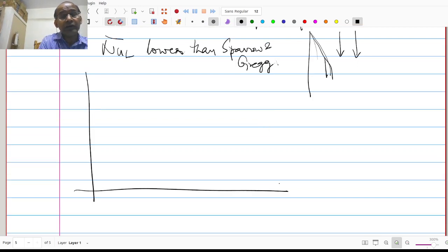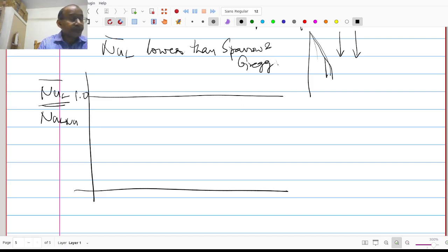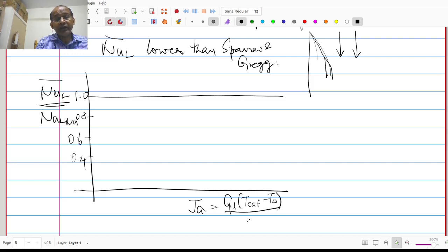If I plot NUL bar divided by NUL bar Nusselt, the actual average Nusselt number divided by the average Nusselt number predicted by the Nusselt correlation, suppose this line is 1.0, and let us say there is 0.8, 0.6, 0.4, etc. And on the x-axis, you plot the Jacob number, which is equal to CPL into Tsat minus Twall divided by HFG.